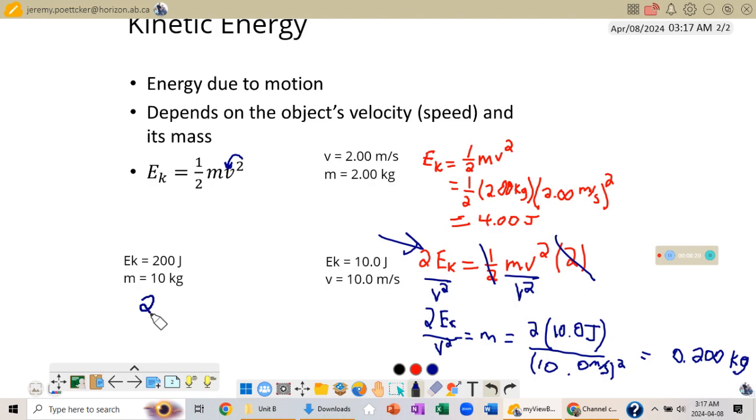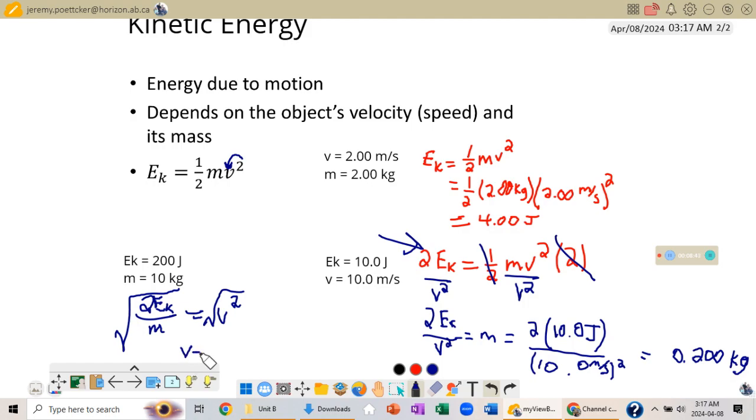So I can really look back to right over here. Well, if I want v squared by itself, I'm going to divide by m. So I have 2EK over m is equal to v squared. If I want to get rid of the squared part, I take a square root of both sides.